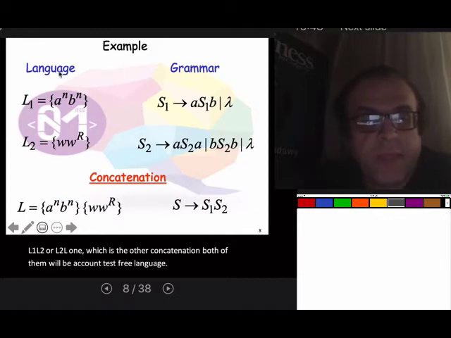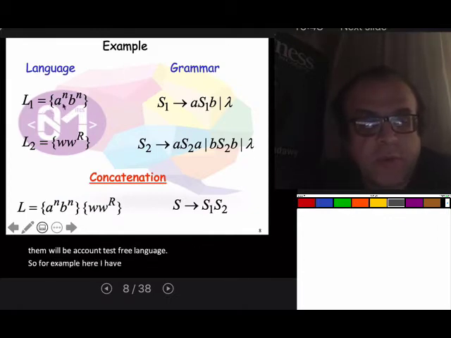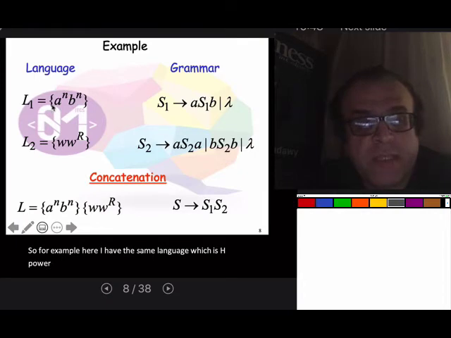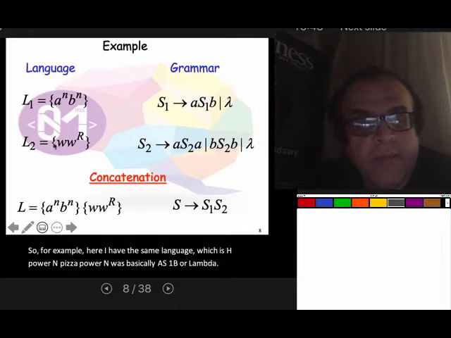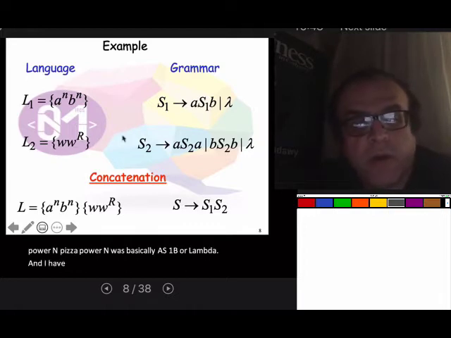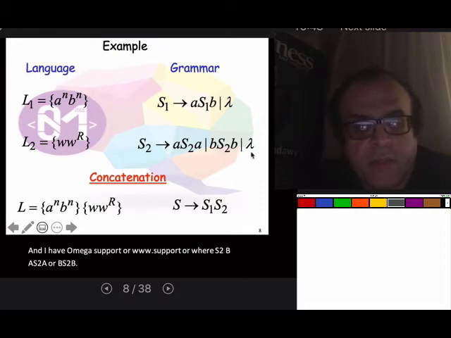For example, here I have the same language, a to the power n, b to the power n, which is S1 to aS1b, or lambda, and I have w w to the power r, where S2 is aS2a, or bS2b, and null or empty.